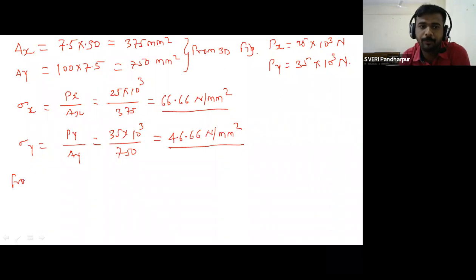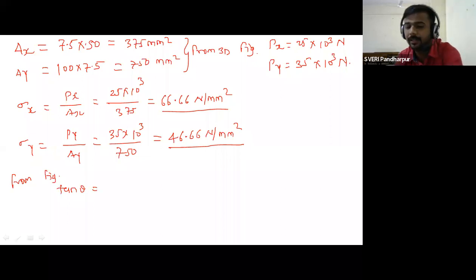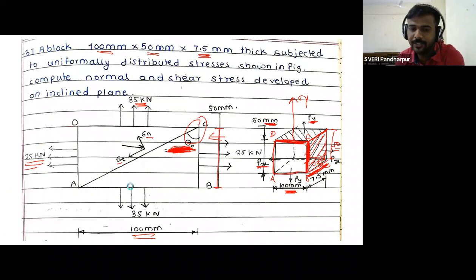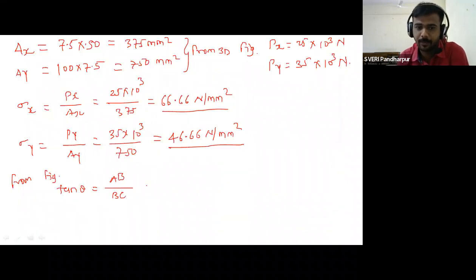from the figure, tan theta is equal to, what is the front side? AB. What is the adjacent side? BC, which is equal to: AB is equal to 100, BC is equal to 50.